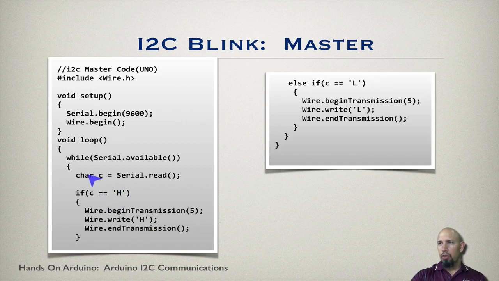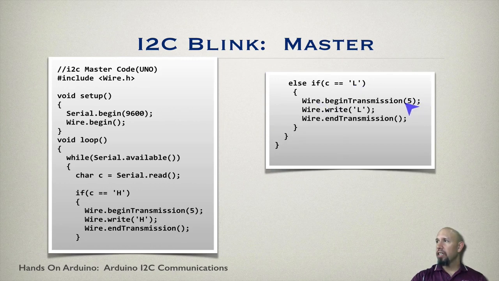Again, in our serial monitor, we're going to enter a letter. If we enter the capital H, it's going to do this. If instead we use the capital L, the program's going to do something else.